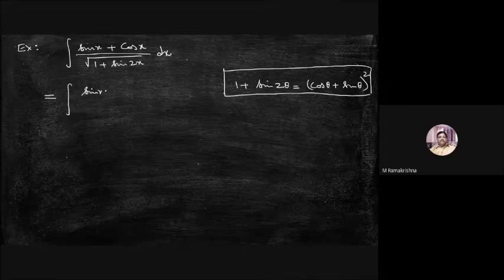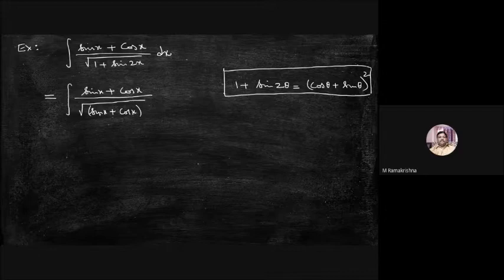So sine x plus cos x by under root of sine x plus cos x whole square dx. Now square and root get cancelled. So what is that?